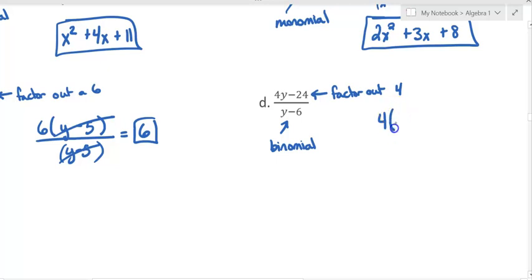So if you take out a 4, you're left with y minus 6. And how I know that, I think in my head, 4 times y is 4y. And then I think 4 times what would get me minus 24. And I'm like, that has to be a 6. All right, over y minus 6. And so y minus 6 over y minus 6 cancels out, and you're left with 4.